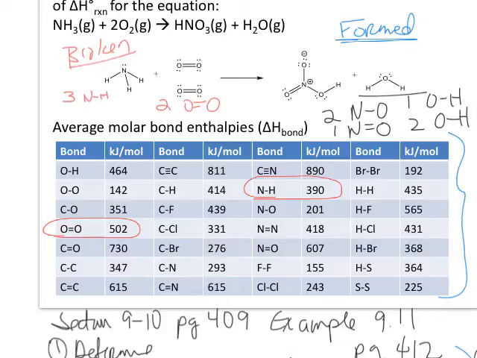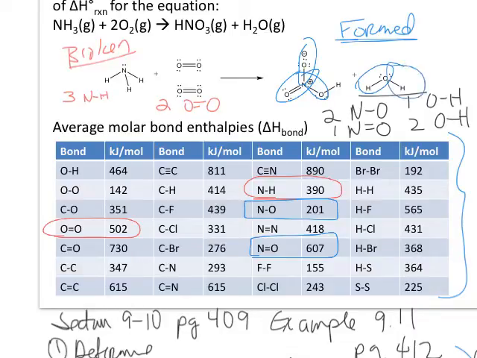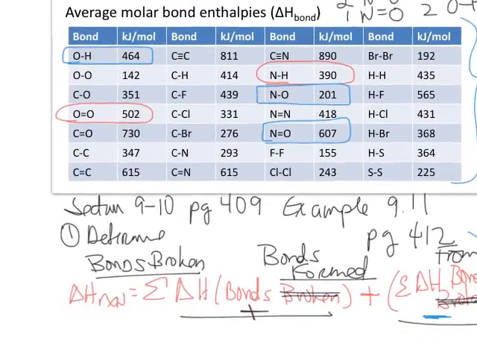We're going to see the NO, and we have 2 of those. That bond there is the NO. And then we have the N double bond to the oxygen, which was a bond formed. And then we have this OH bond formed, this OH bond formed, and this OH bond formed. We're going to use that 3 times, and we're going to now sum them up.